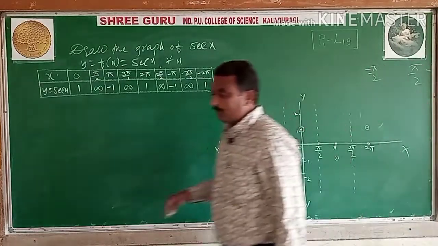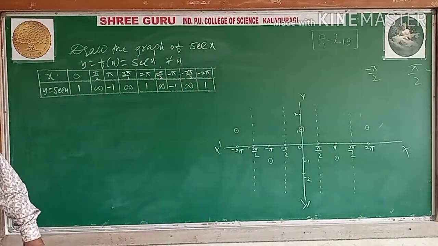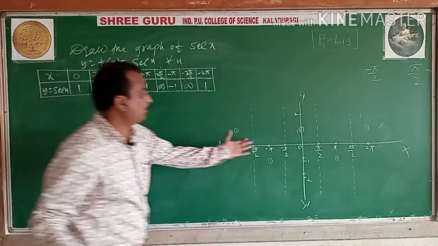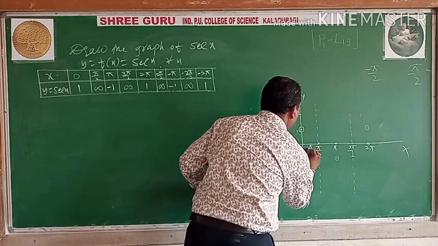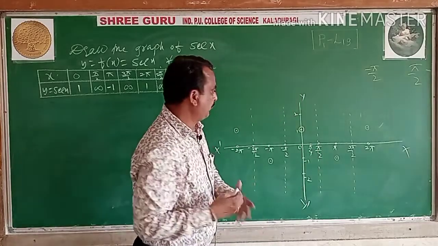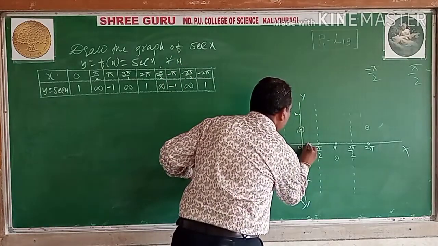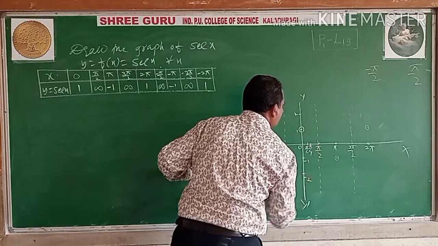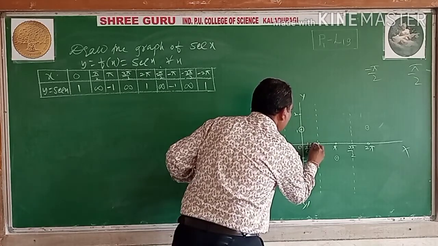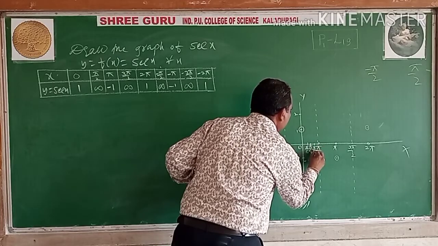Let us see this graph here. I am calculating in between minus pi by 2 to pi by 2: 45 degree, pi by 4, between 0 and pi by 2. Then 30, pi by 6, 60, pi by 3.